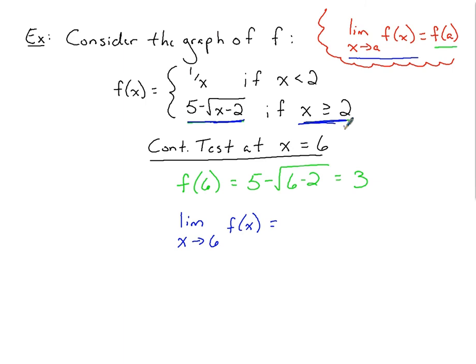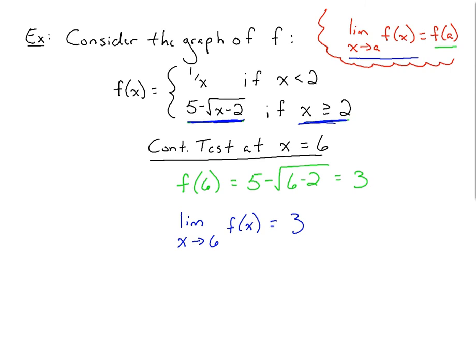Then we can say with reasonable confidence, from the left and the right, we're only going to be traveling on this piece. We're not going to have to worry about any breaks. So we take 6, plug into the second piece of the function, and we get 3 back. It's the same as what we got up here.